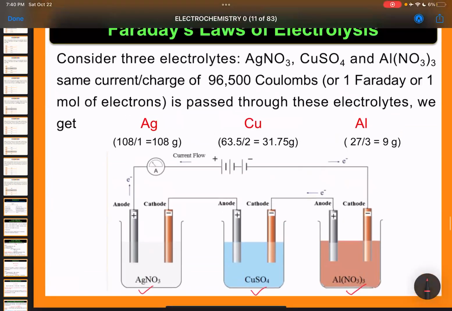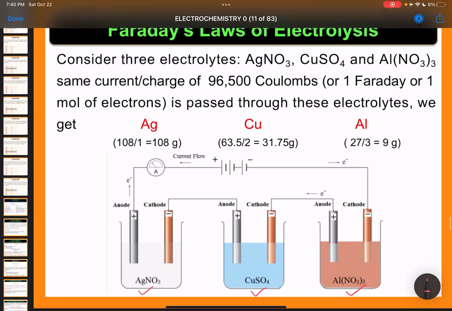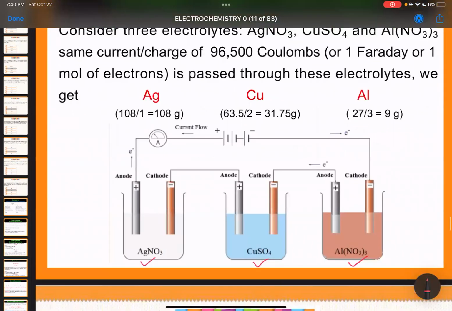That's what the second law is. If you know the formula for the first law, you can derive it very easily. How are you going to derive it?